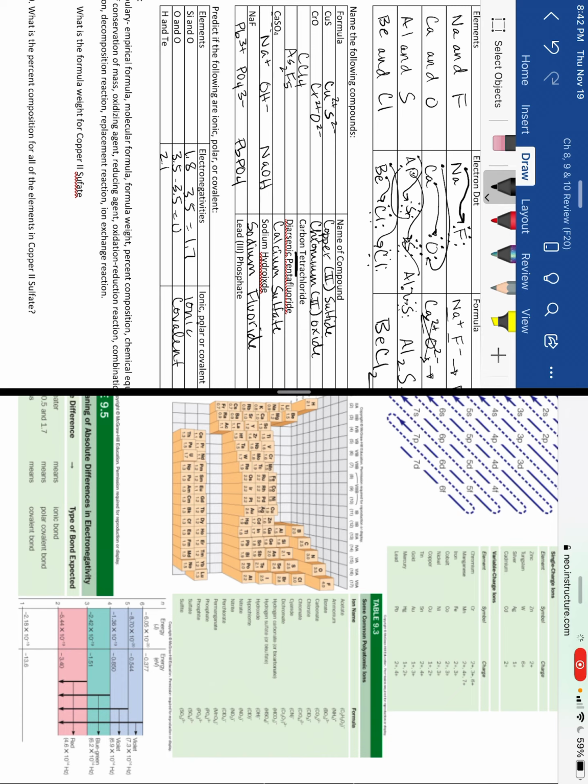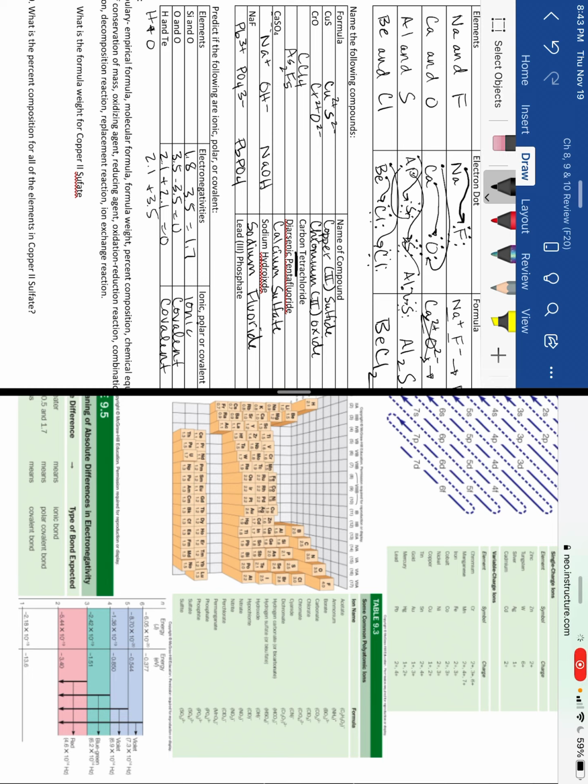H is 2.1 and tellurium is, let me find it, 2.1. Yep. So 0 again. I didn't give you a very good one for polar, did I? Let's say I did hydrogen and oxygen. Hydrogen's 2.1, oxygen is 3.5.